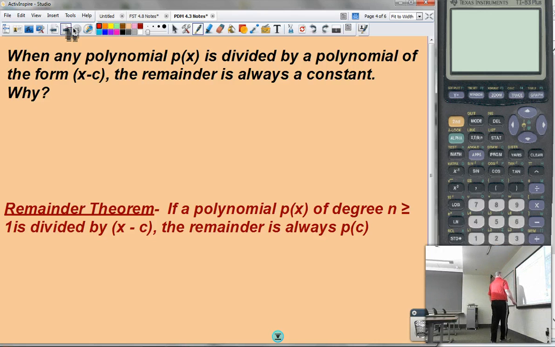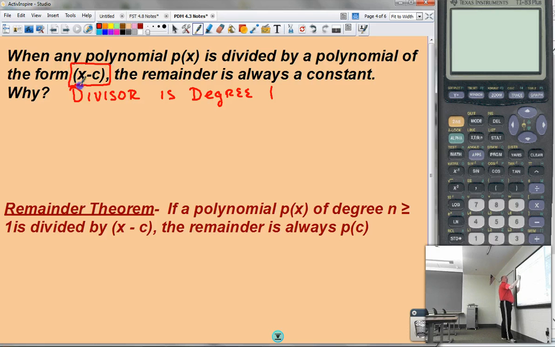And it all deals with degrees. If I look, if I'm dividing by x minus c, my divisor is a degree 1 polynomial, because the largest exponent is 1.